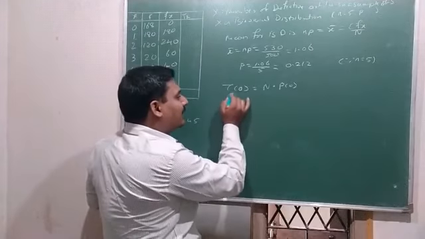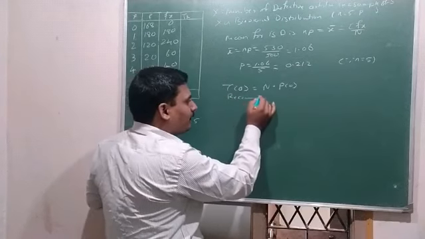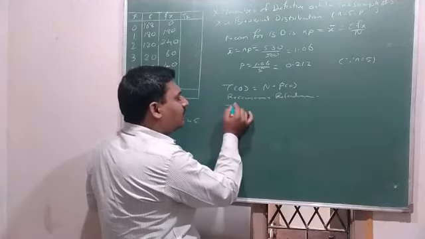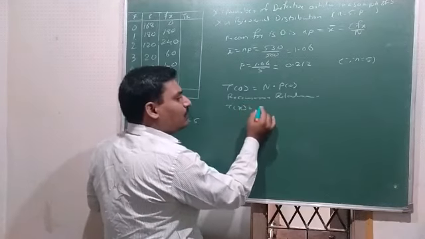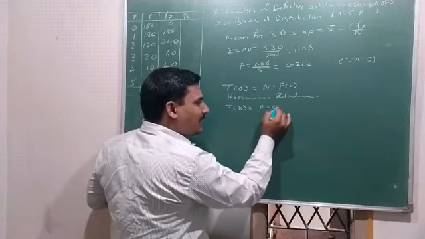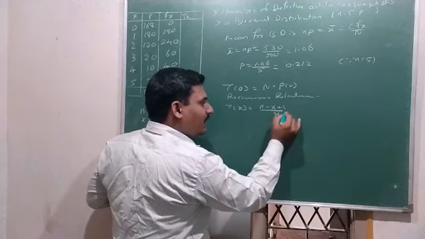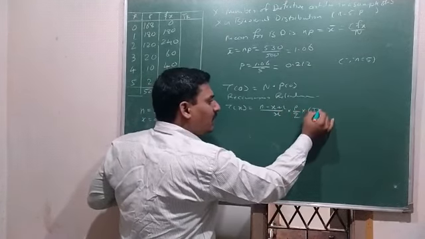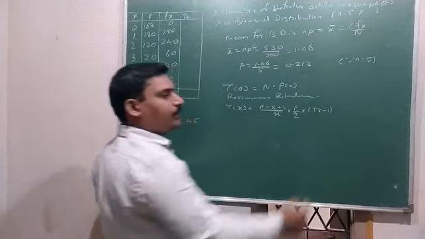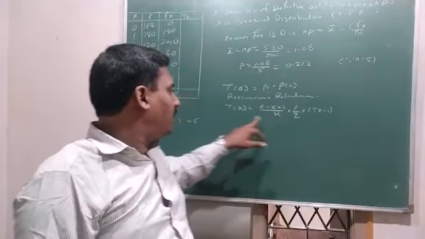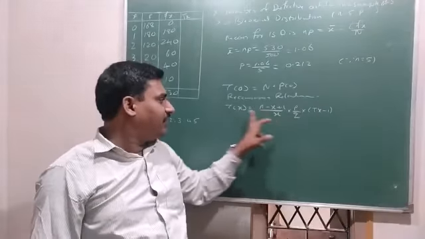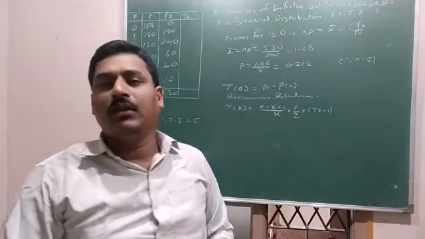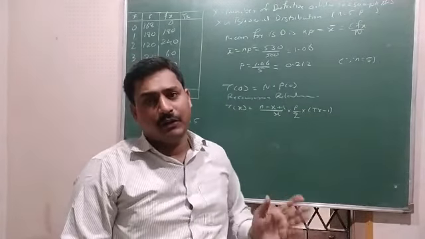Then for the recurrence relation, T of x is equal to (n minus x plus 1) divided by x into P divided by Q into T of x minus 1. So for T1, use T0, for T2, T1, like that. Here if we calculate, we get the remaining frequencies.